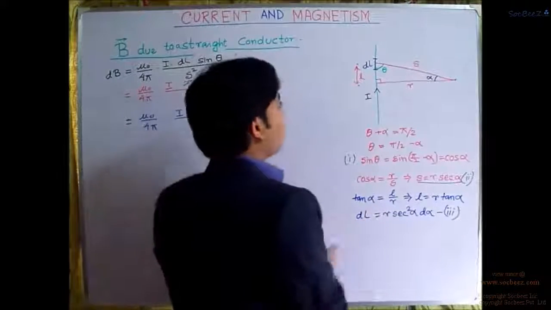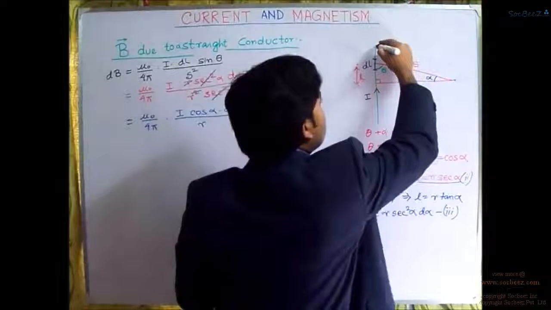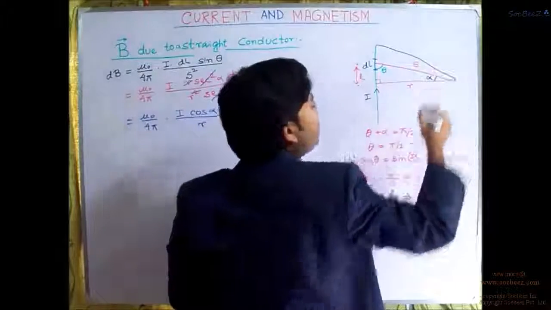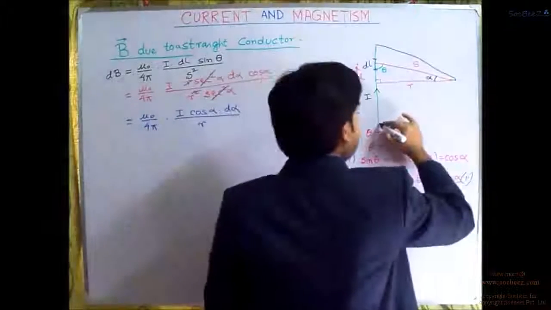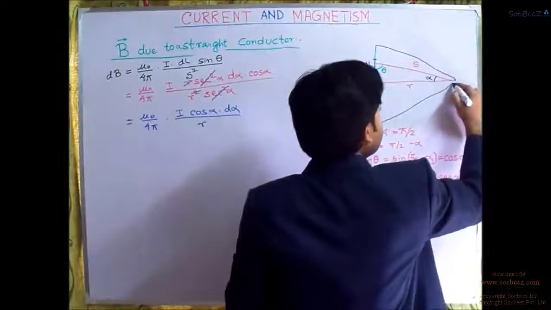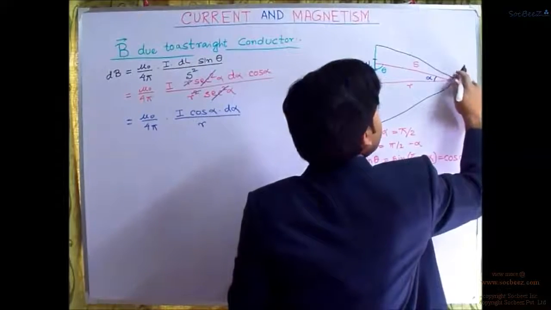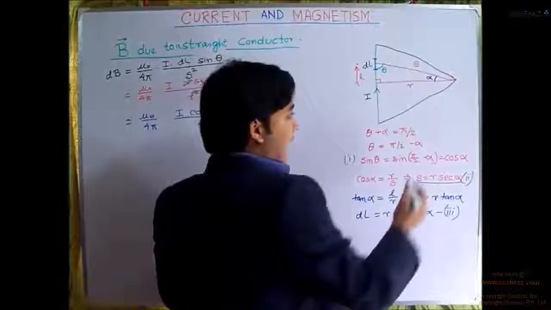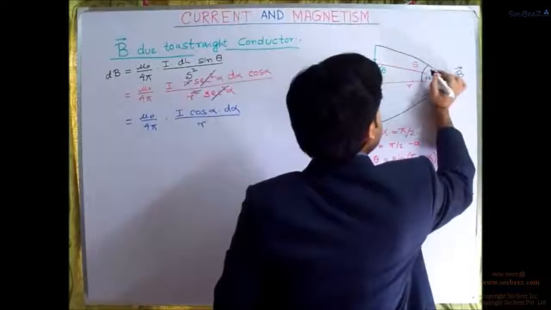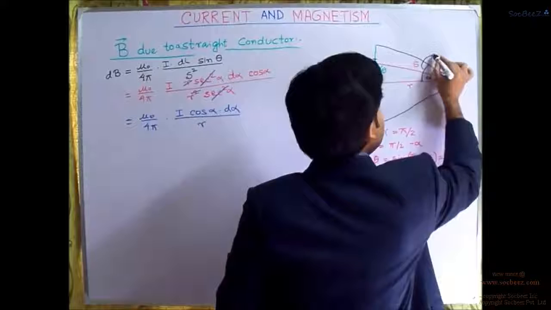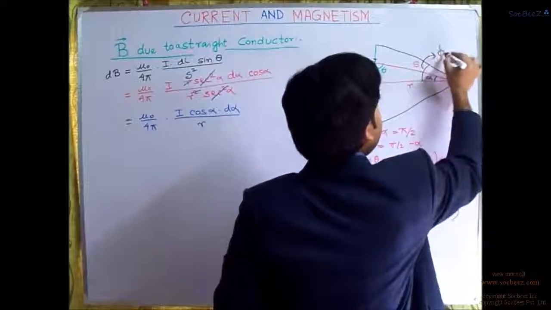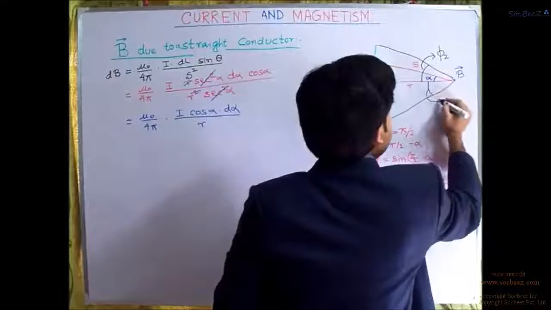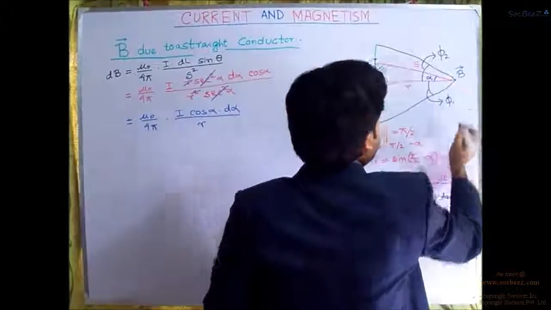See, the upper boundary is over here, right? And the lower boundary is over here. Okay? Take this angle as phi 2, and this particular angle as phi 1.